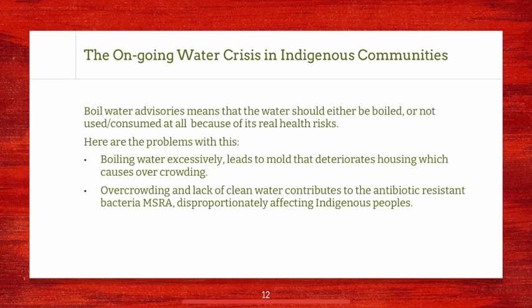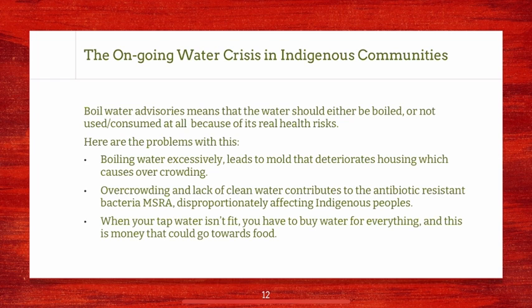Number 2. Overcrowding and lack of clean water contribute to the antibiotic-resistant bacteria MRSA, disproportionately affecting Indigenous peoples. Number 3. When your tap water isn't fit, you have to buy water for everything, and this is money that could go towards food.